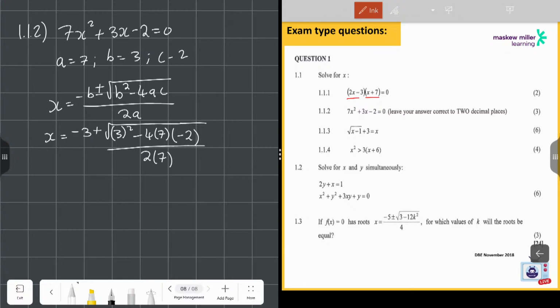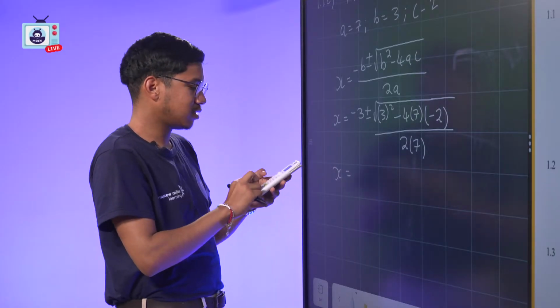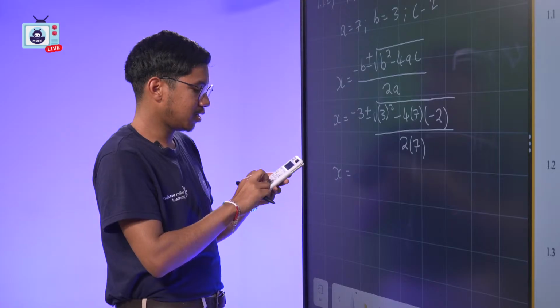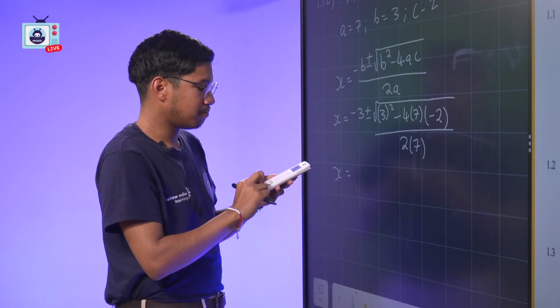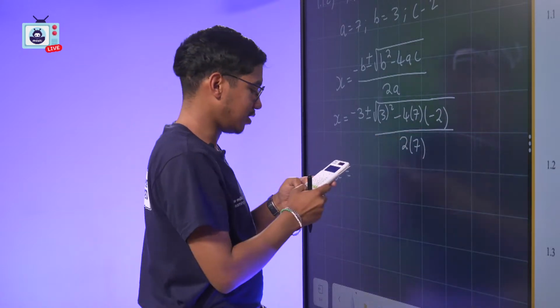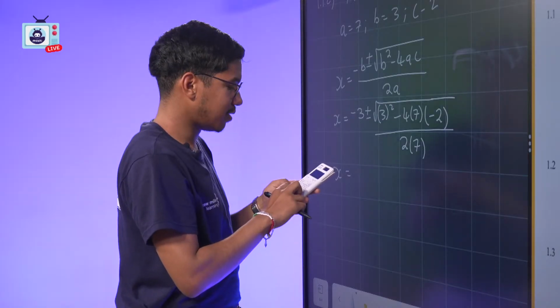All right. So now I'm going to go x is equal to, girls and boys, I can just punch this directly into my calculator to get my 2 solutions for x. I'm going to leave that plus and minus for now. So I'm going to go fraction minus 3, start with plus square root, open bracket, 3 squared minus 4 times 7 times negative 2, close my bracket, all over 2 times 7.